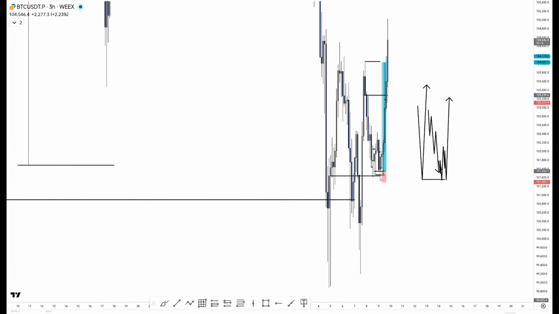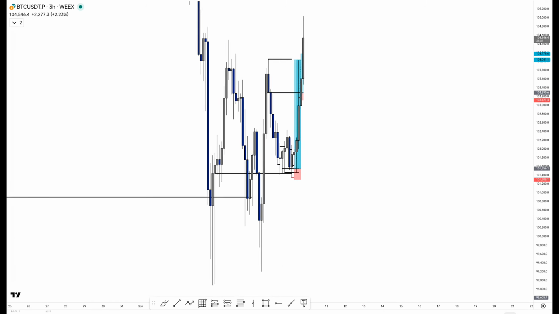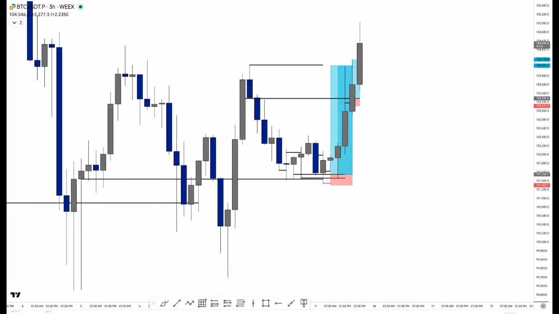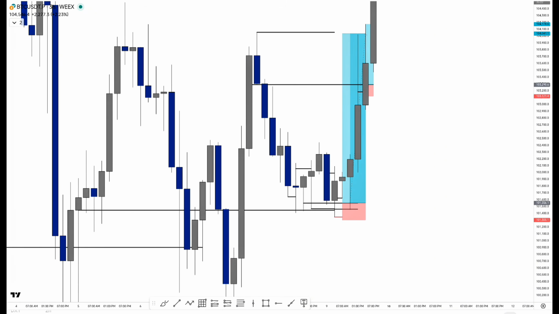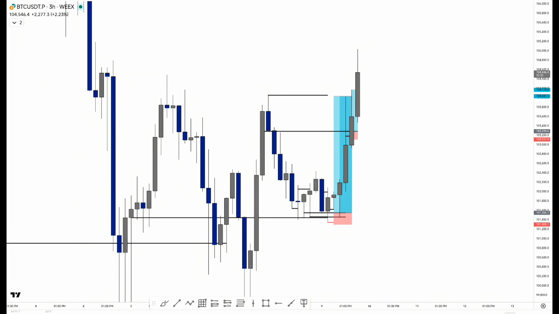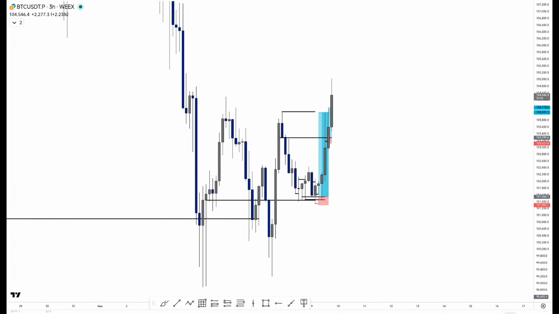There are explanations for every action, which makes it more logical. Logical in the sense that if you have ABC, then you anticipate XYZ. If you have XYZ, you anticipate ABC. So you know what to do at each point in price.